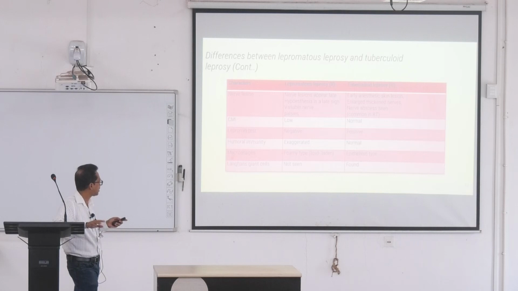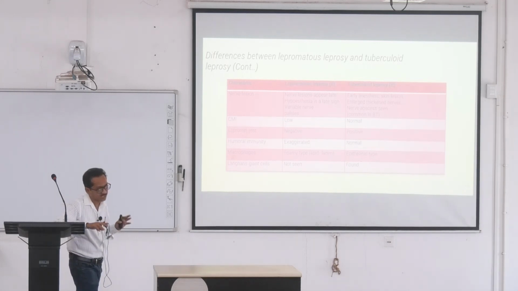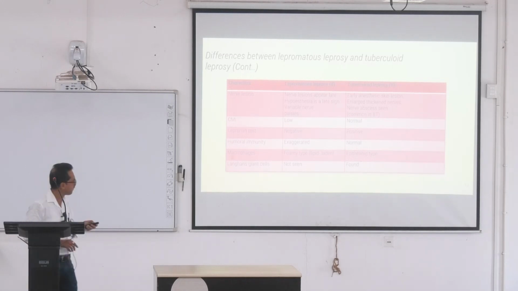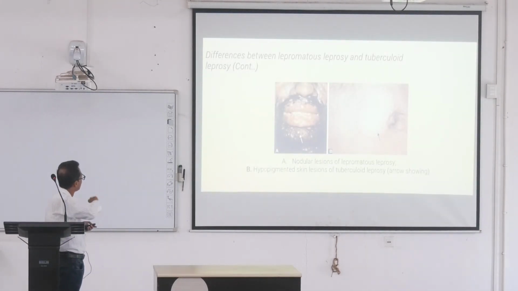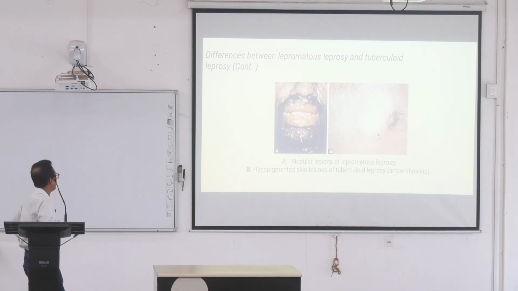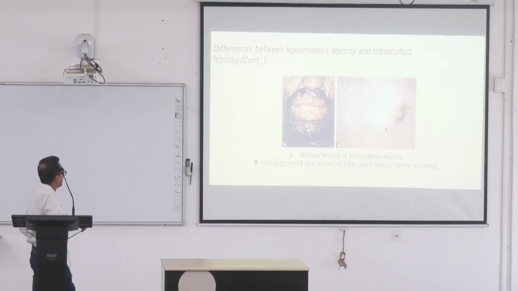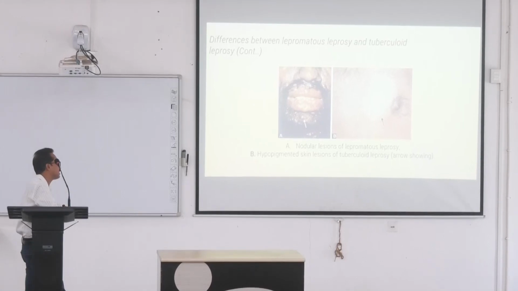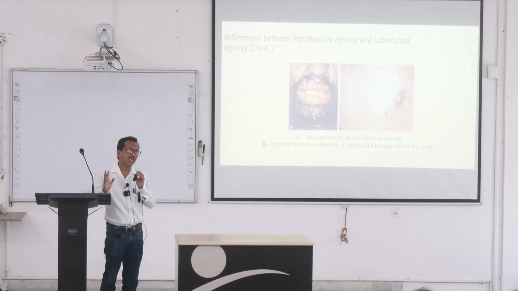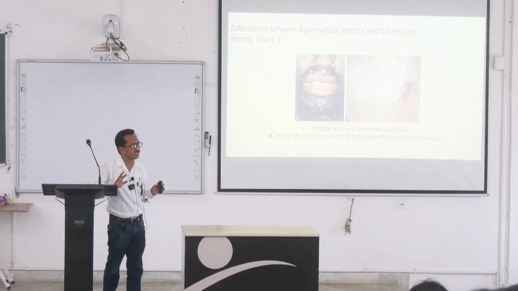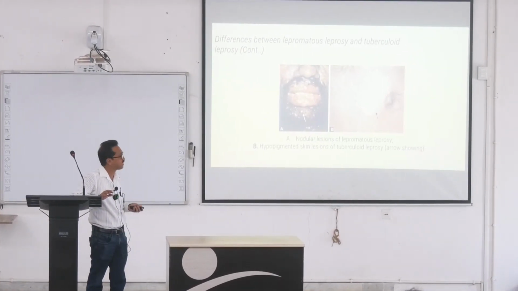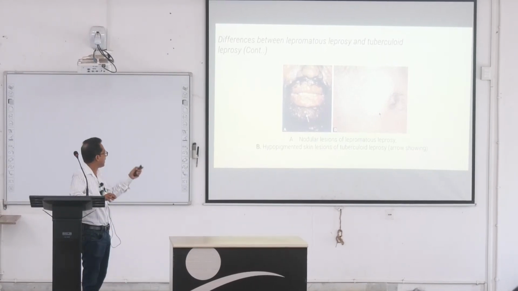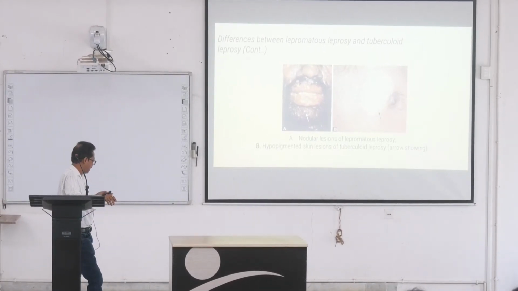On histopathology, there will be foamy macrophages in lepromatous type, and epithelioid cells in tuberculoid. Langhans giant cells are not seen in lepromatous type, they are seen in tuberculoid type. In the figure, A is the nodular lesion of lepromatous leprosy and the other is the hypopigmented skin lesion of tuberculoid leprosy. Tuberculoid leprosy presents as a hypopigmented, hypoanesthetic patch, and if diagnosed late, lepromatous leprosy can present with nodular lesions.